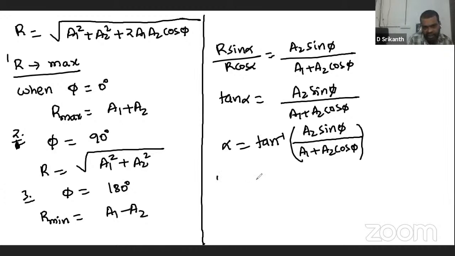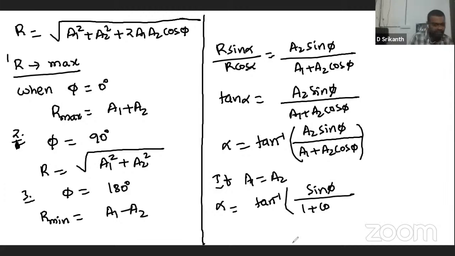Suppose if a1 is equal to a2, then alpha is equal to tan inverse of sin phi by 1 plus cos phi, right?